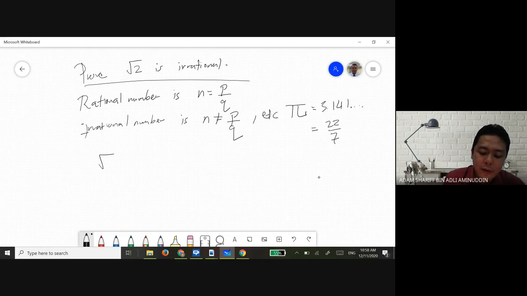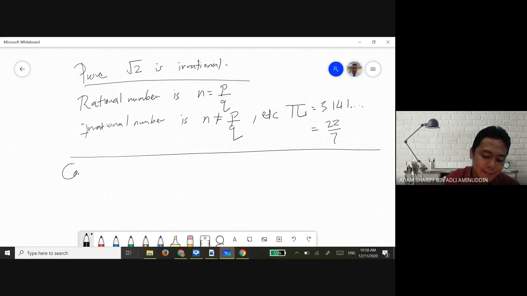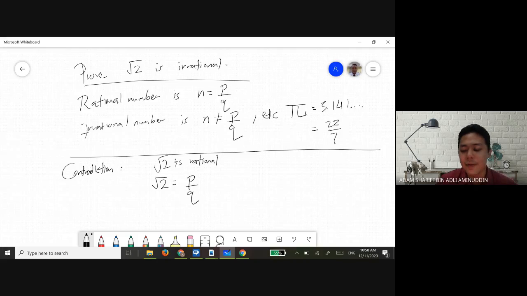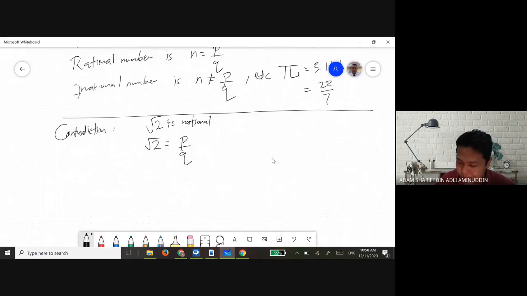So square root of 2, let square root of 2 be rational. Okay, this is the contradiction method. I want to show an example of contradiction that is not in your subject's teaching. By contradiction, I believe square root of 2 is rational. So square root of 2 equals p over q.